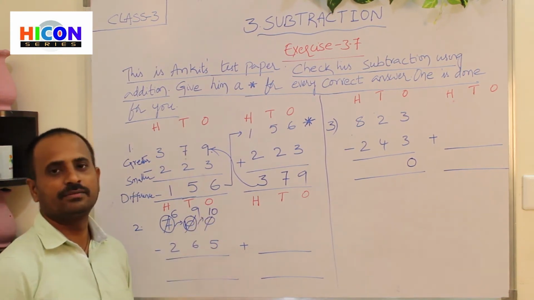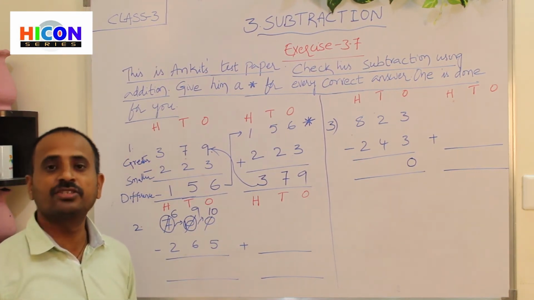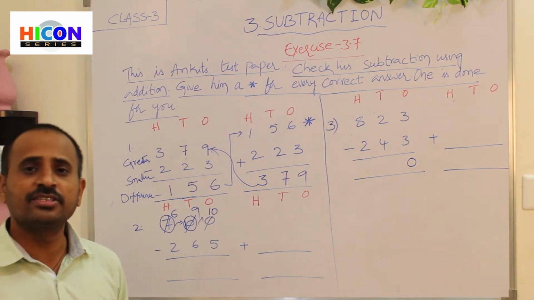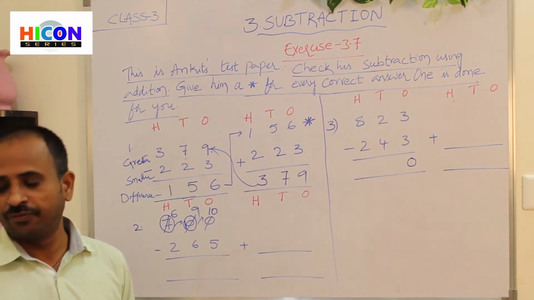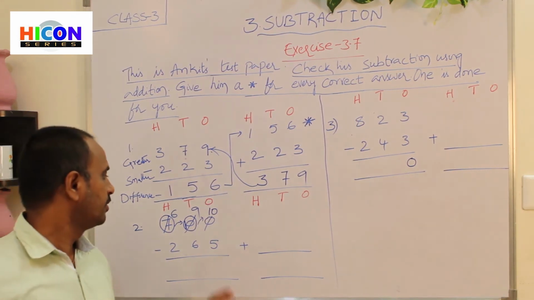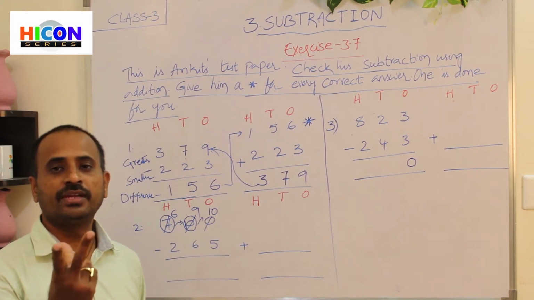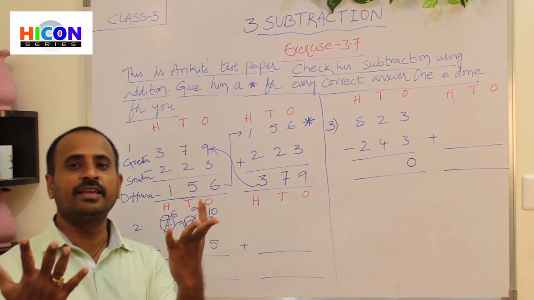Subtract 5 from 10. So what is the first number here? 10. So open 10 fingers of your hand and close 5 fingers among these 10 fingers. 1, 2, 3, 4, 5, 6, 7, 8, 9, 10.